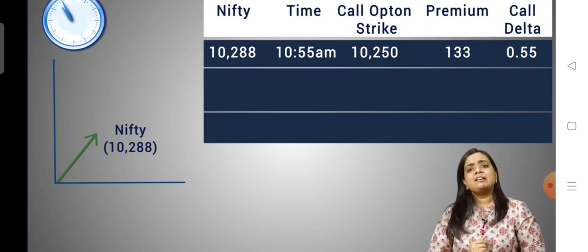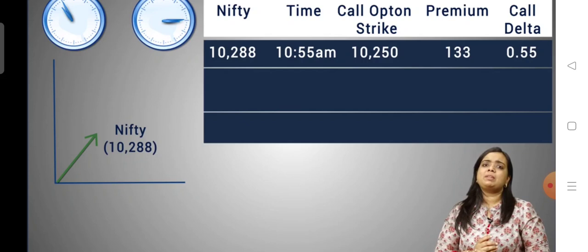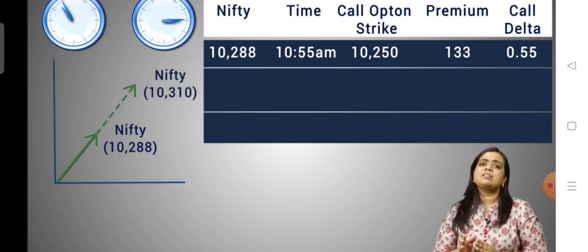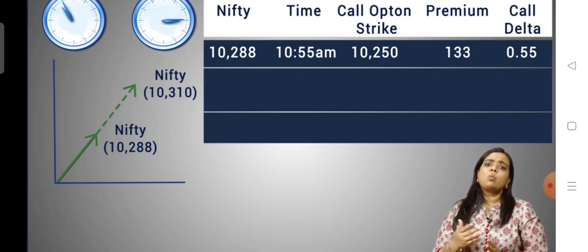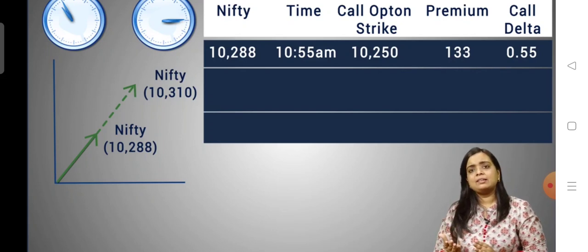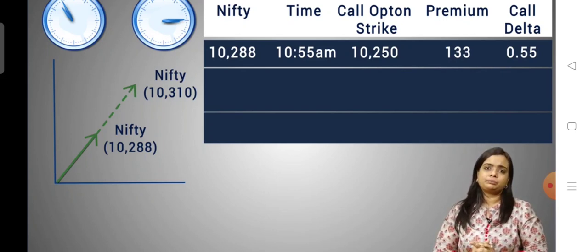Now say Nifty at 3:15 PM in the afternoon is expected to reach 10,310. So what will be the option premium value in the afternoon at 3:15?